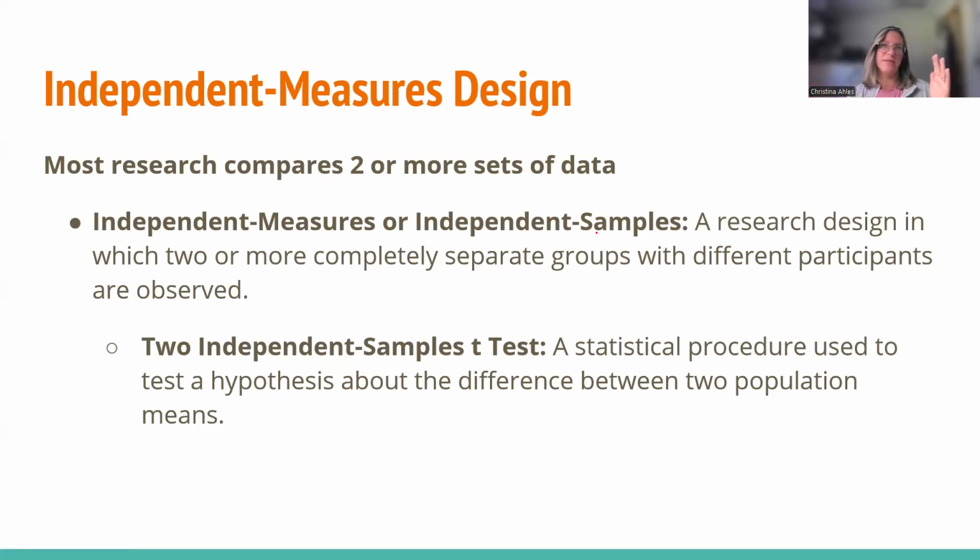There are different people in the second condition. There are different terms for this. It could be called independent measures design, independent subjects design, or a two independent samples t-test. I always just refer to it in the shortest form possible as an independent t-test.